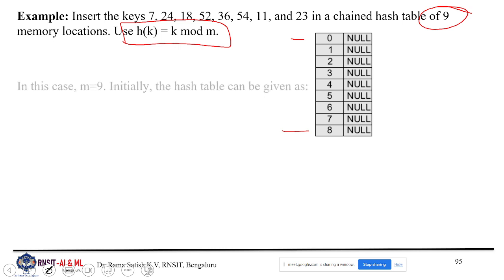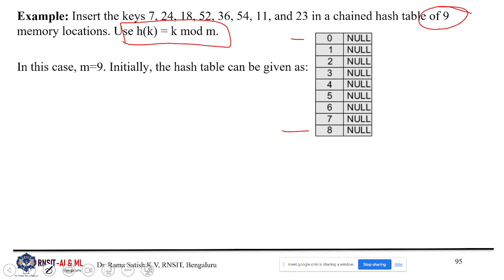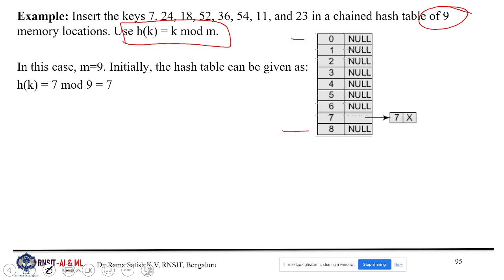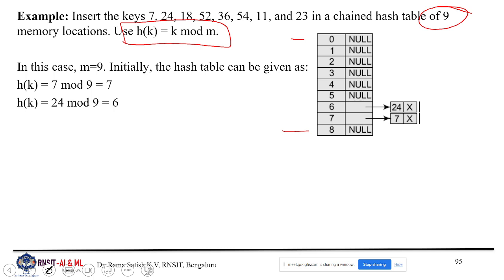Now take the first one. m is 9 and 7 modulus 9 is 7. So in location 7, 7 is stored. Similarly, 24 modulus 9 is 6. So in the sixth location 24 is stored.